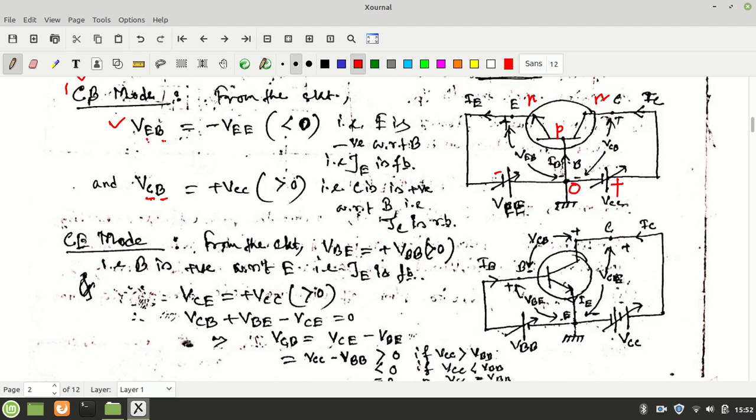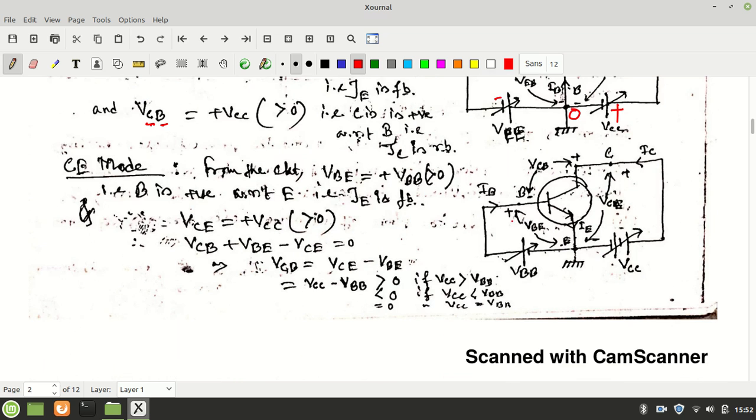And now for CE mode, you can find here the connection is such that the emitter is grounded, and all connections are made keeping in mind the forward and reverse bias, and you can verify this from these equations also. And this is very interesting.